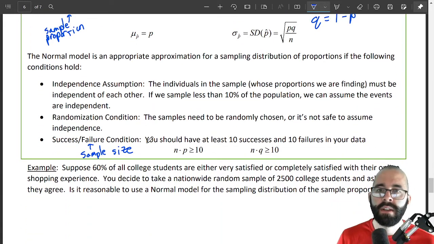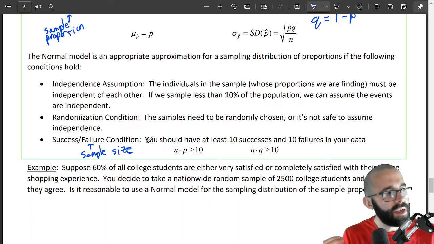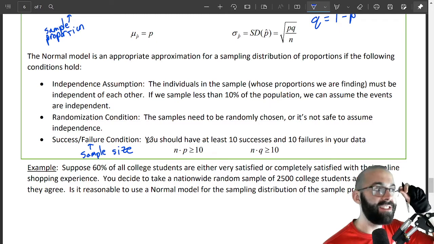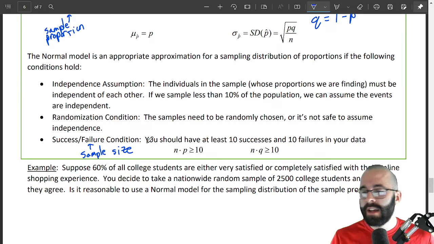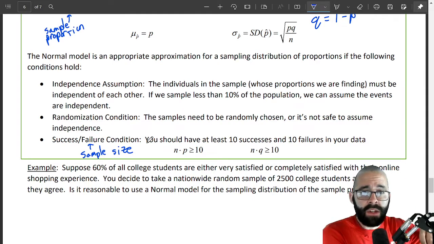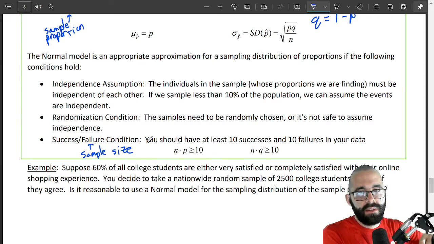So assuming independence, the individuals in the sample whose proportions we're finding must be independent of each other. If we sample less than 10% of the population, we can assume they're independent. What does that mean? Remember, a long time ago, we mentioned something very similar to this. If we draw without replacement, which is normally what we do when we sample, because we don't want repeated data, that's not independent.